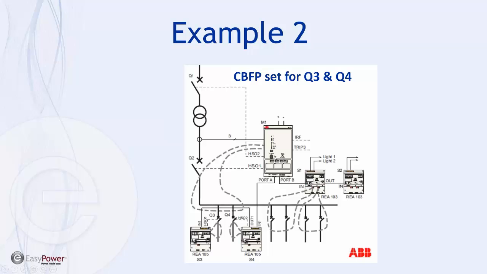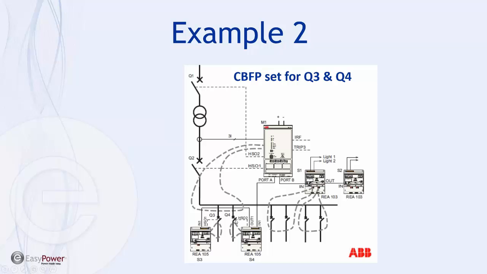So now if we look at a contingency here, let's say that we have an arcing fault on one of the feeders. Then we're going to trip Q4. If it trips successfully, then we have selective tripping and we've isolated it from the rest of the system.